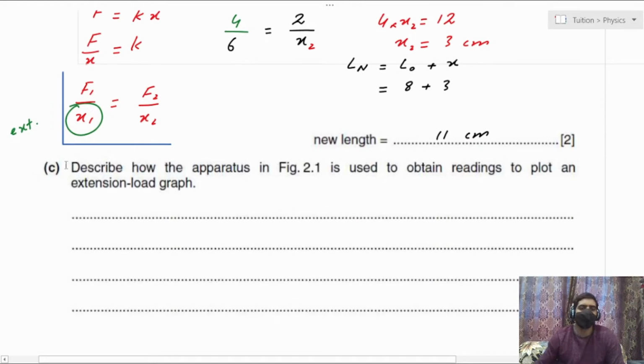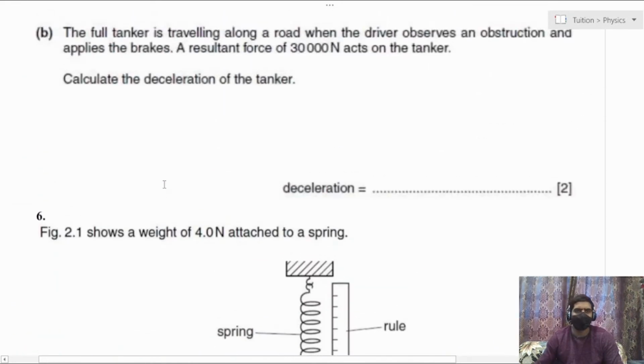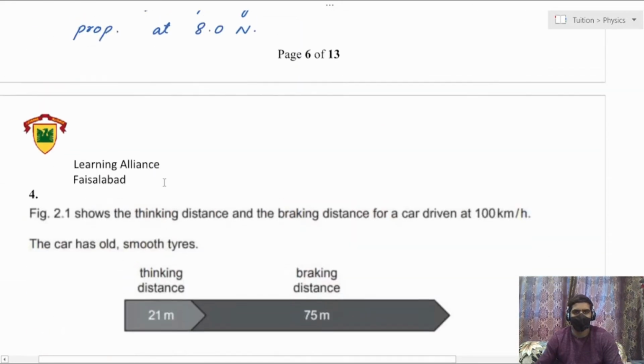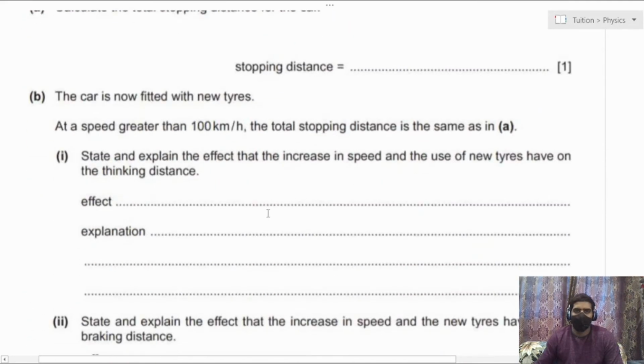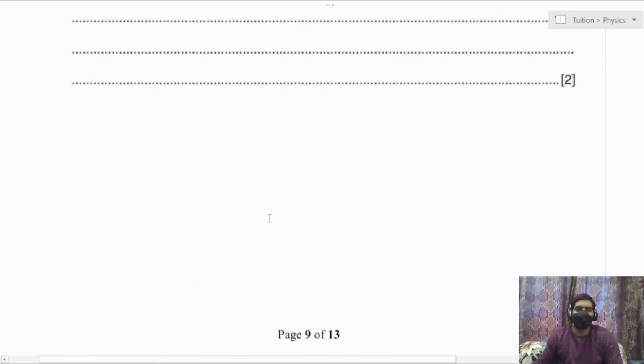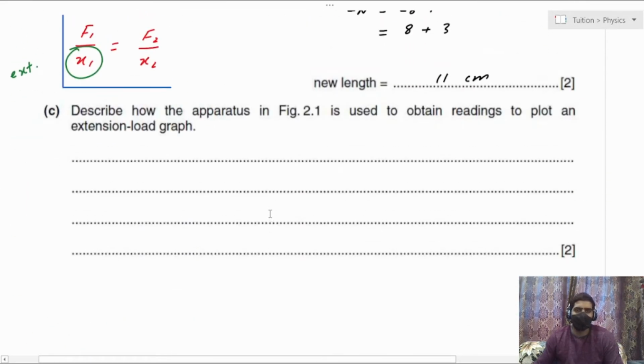All right, so let's move on to the next part. Describe how the apparatus in figure 2.1 is used to obtain the reading to plot the extension load graph. So it's pretty much the same question as the previous one. So you need to obtain the readings of weight, or the reading of load, and you need to obtain the reading of extension against that load.